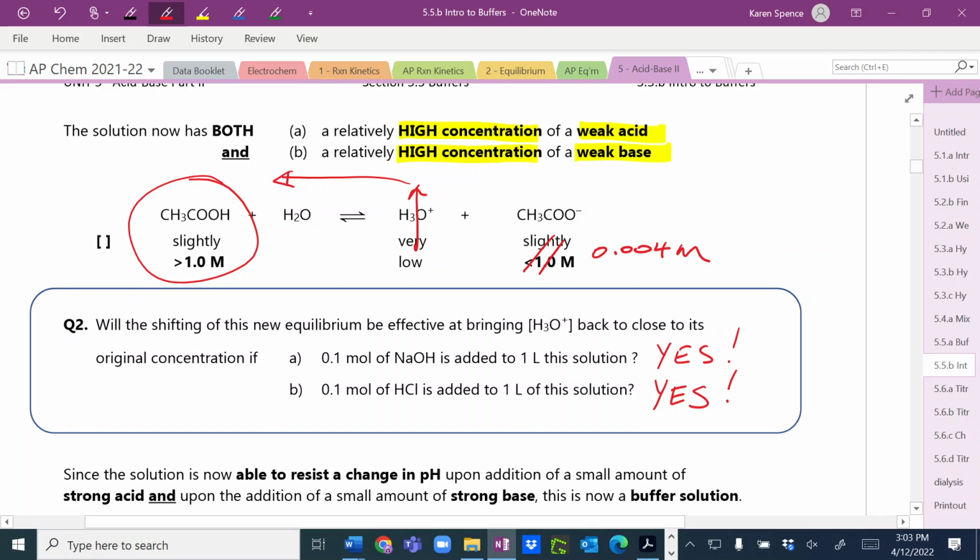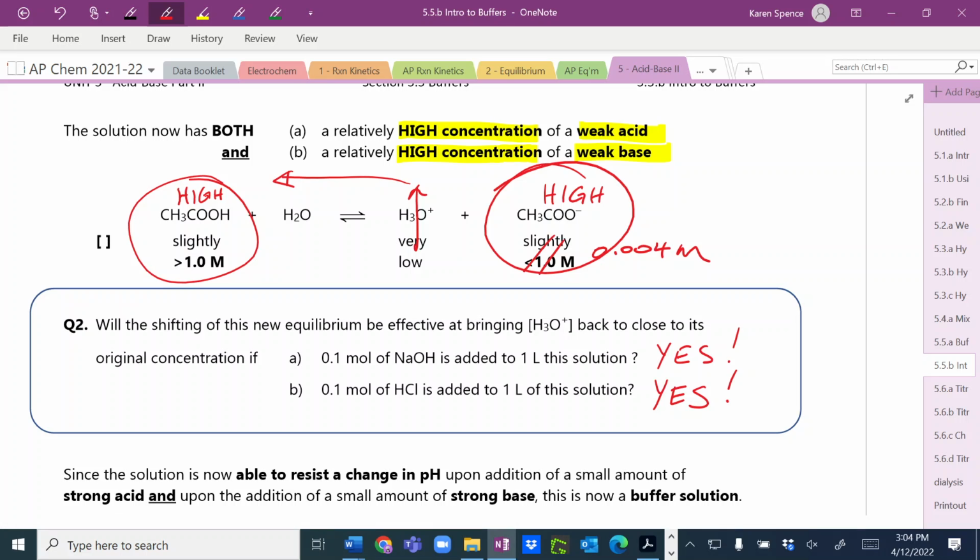Doesn't matter, because you're just trying to keep it constant, okay? Both of them have to be in high concentration, the acid and the base form. So this has to be high, and this one has to be high, and it really doesn't matter what the H3O+ is. We can actually do the math around that to make it whatever we want by choosing the correct acid.